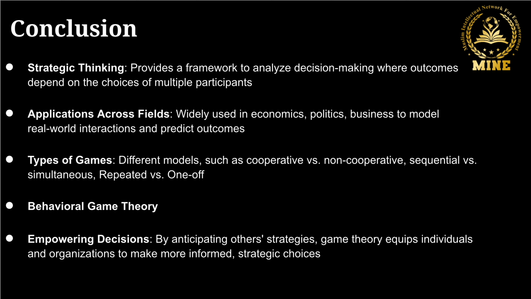And then we touched base on behavioral game theory. So game theory basically gives an edge. It empowers decision making by anticipating others' strategies, and it equips individuals and organizations to make more informed and strategic choices.